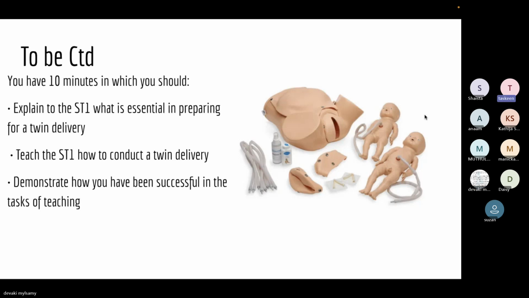Okay. So once we encounter a twin delivery, like in this case, you have a multipara in labor. Once she comes here, we have to review her notes and see for any medical or risk factors in the patient. Thereafter, see whether the patient is term, and her previous obstetric history, as usual.